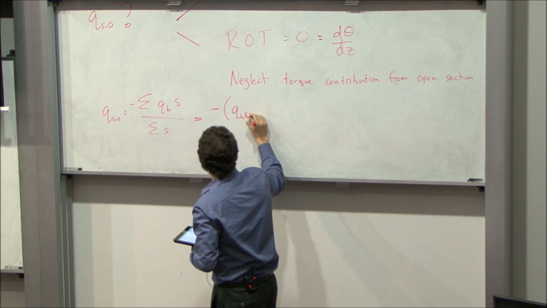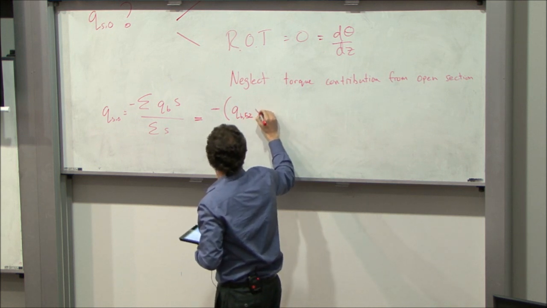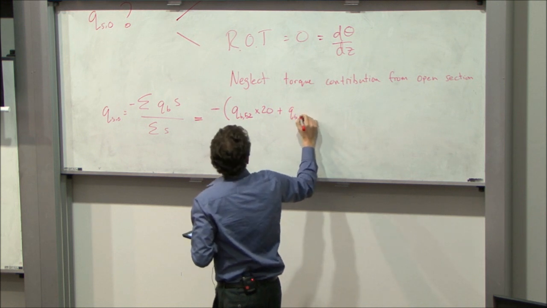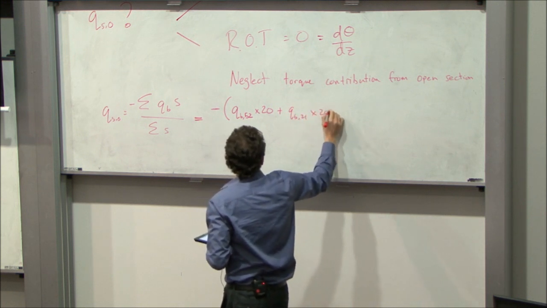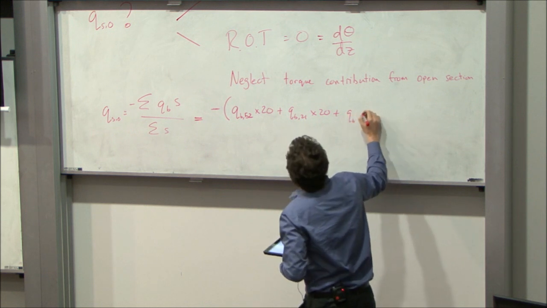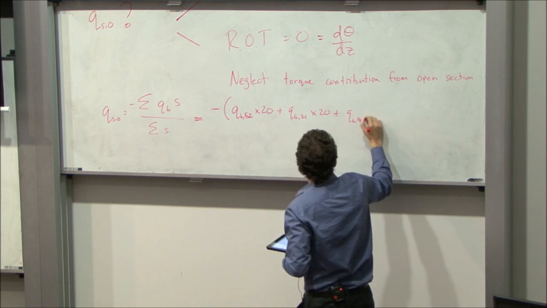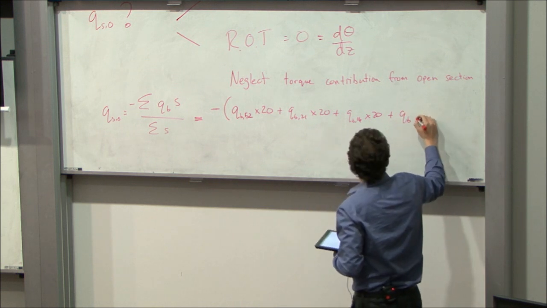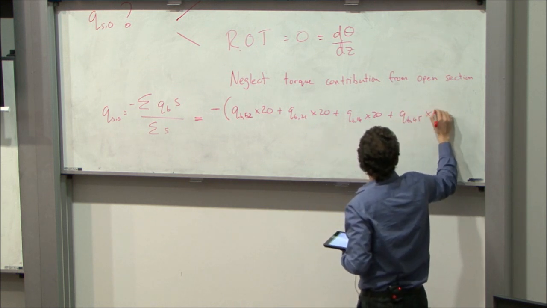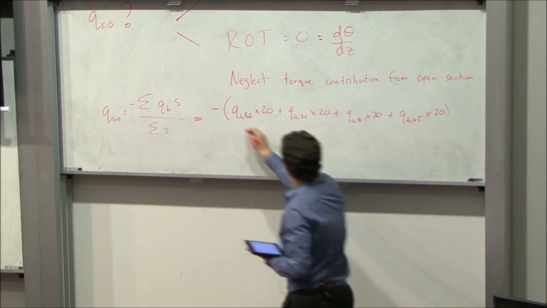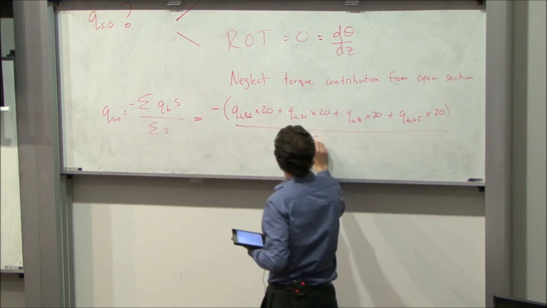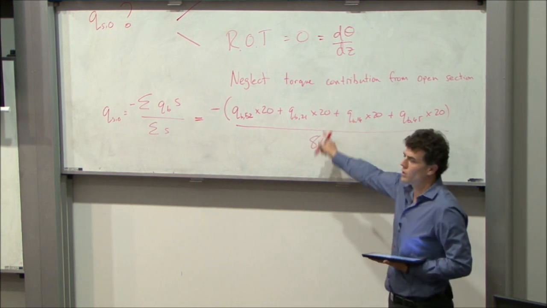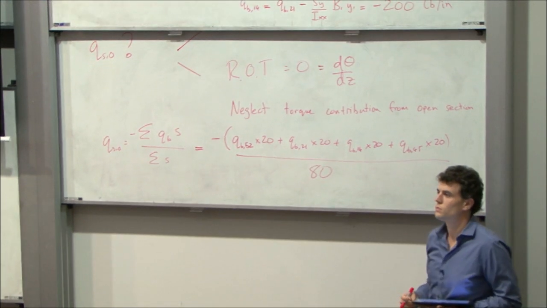I'll just say 5.2 times 20 plus QB 2.1 times 20 plus QB 1.4 times 20 plus QB 4.5 times 20 all over 80. So the sum of all the loop.